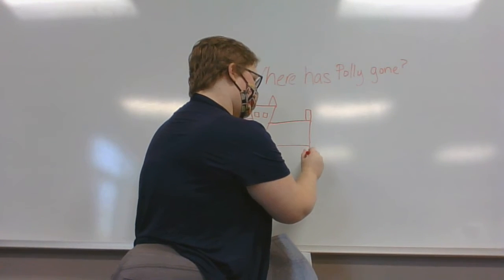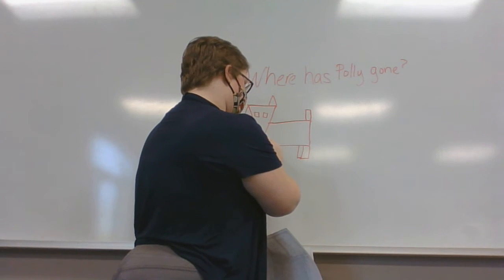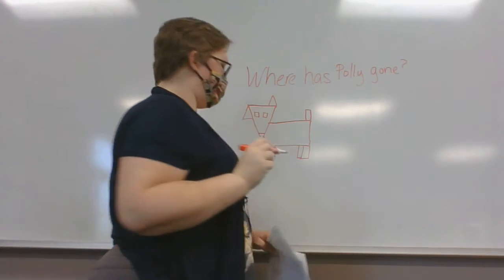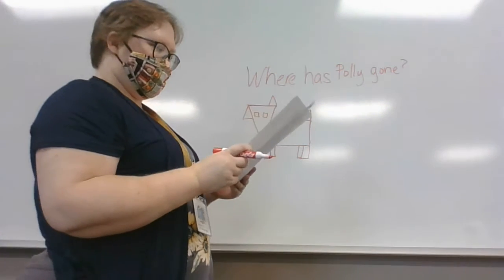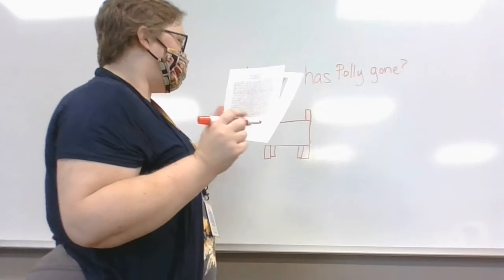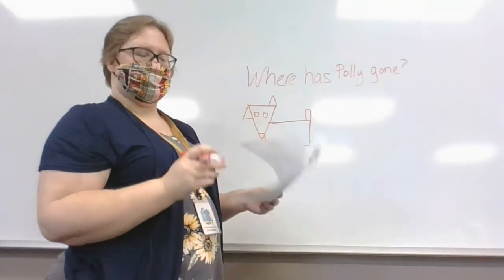So we need some more trees for the puppy to sniff and run around. There we go. And then the puppy turned right onto Elm Street. And there's Elm Street.